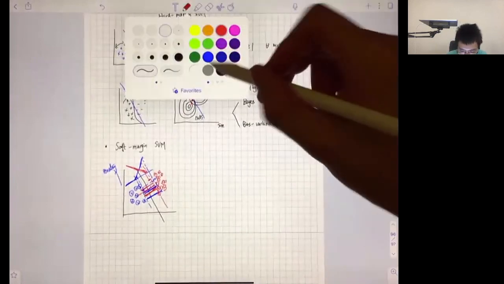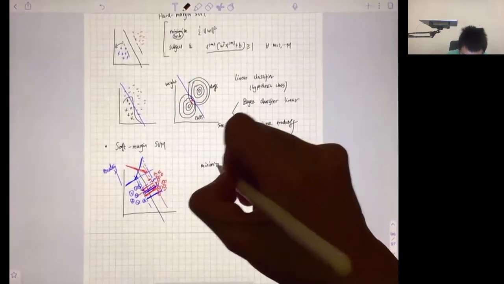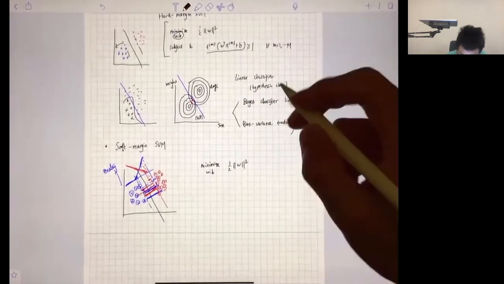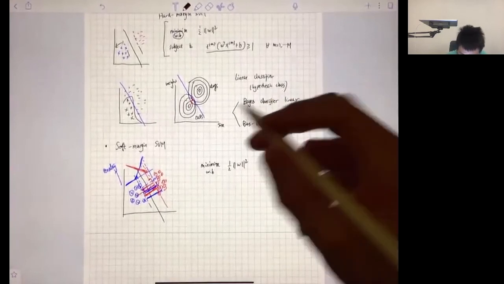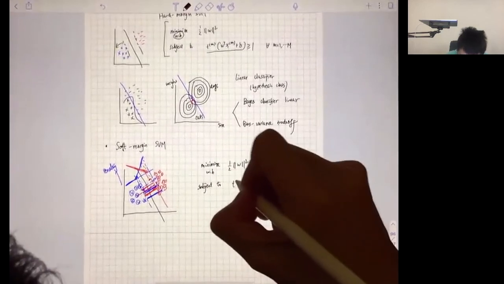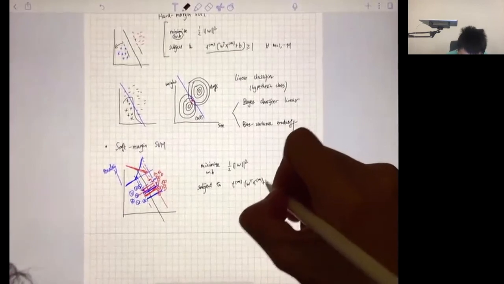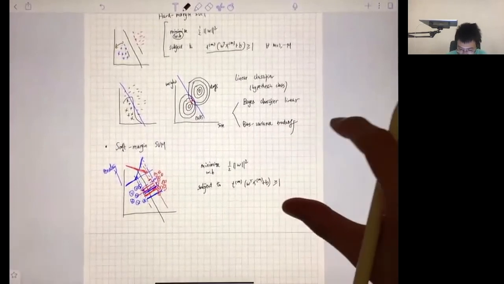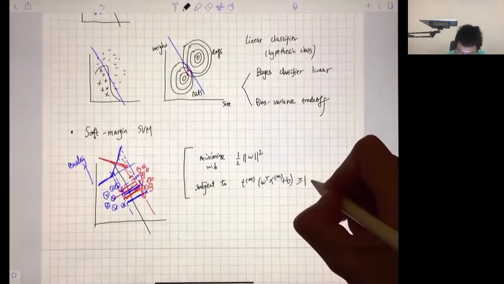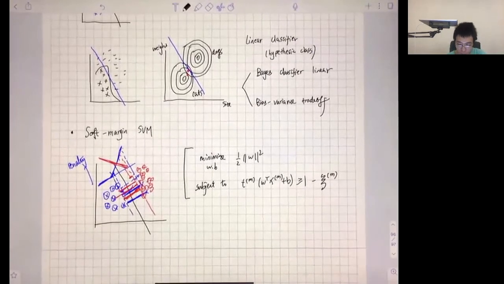So we're going to revise the formulation as saying minimize over W and B, half of W squared, subject to W transpose X_m plus B greater than or equal to 1, okay? But I allow you into the margin by psi for every data sample, okay?